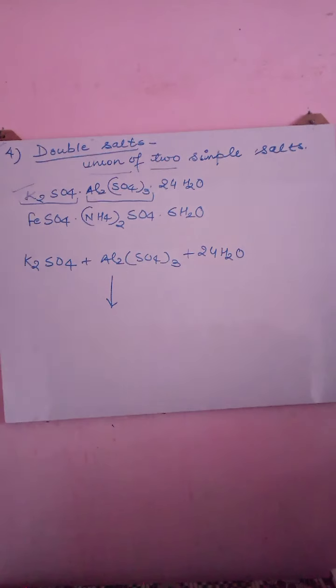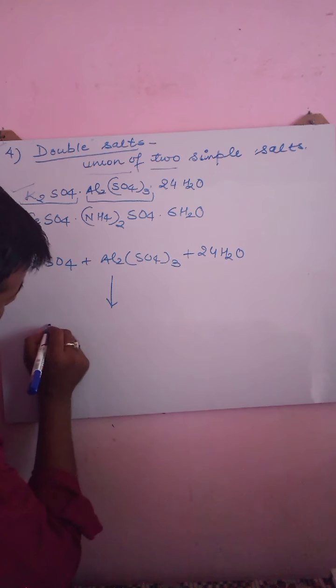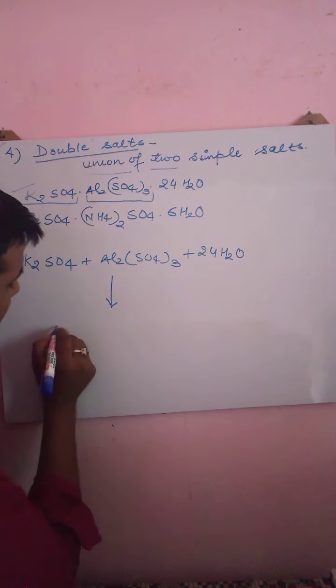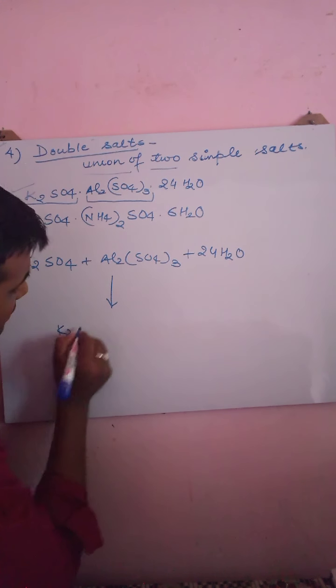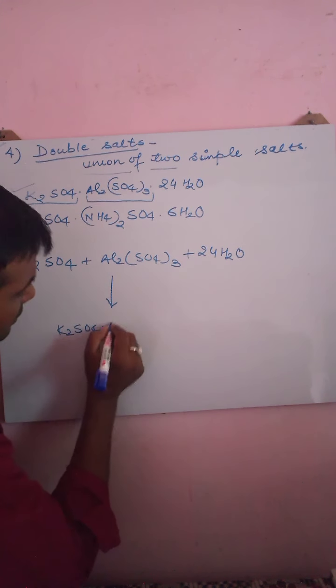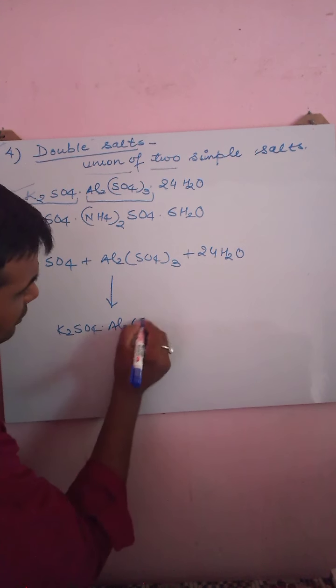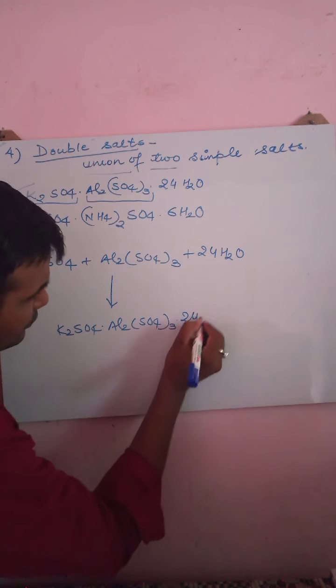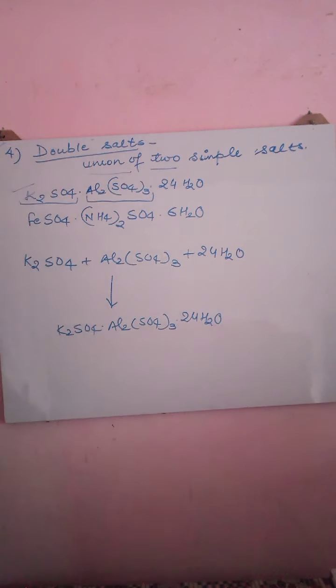After that, these two simple salts, after mixing with the water, crystallize to form K2SO4.Al2SO4 whole thrice.24H2O. Clear? In this way, double salts are prepared.